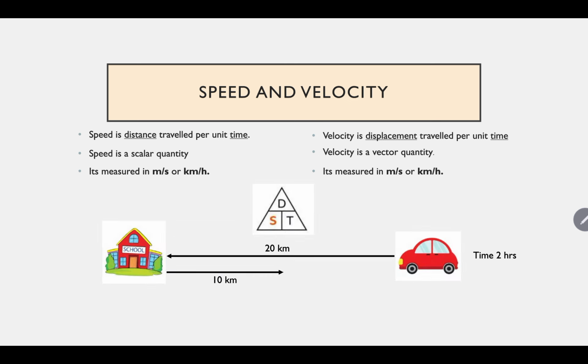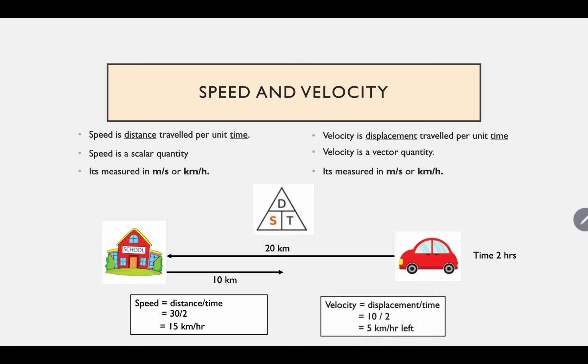Let's use the same example we used in the previous slide. Here we said that the total distance was 30 kilometers and the total displacement was 10 kilometers to the left. If I want to get my speed and velocity, now that they've shown me that the time was 2 hours, I will say that speed is distance over time, which is 30 over 2, giving me 15 kilometers per hour.